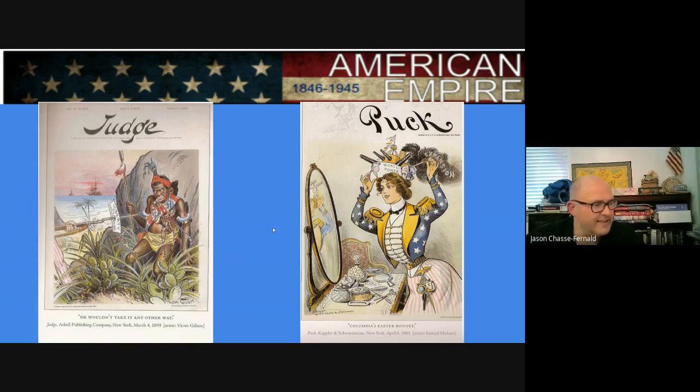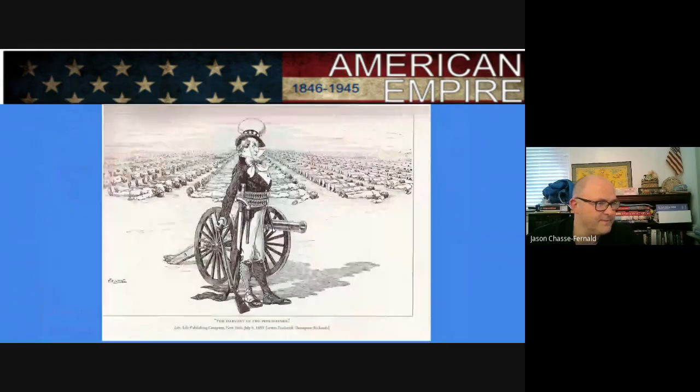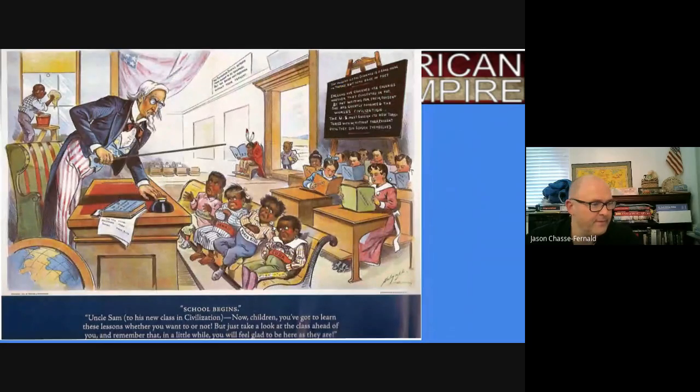On the left, you're seeing an image that is questioning liberty: bayonet, liberty, and civilization. The harvest in the Philippines. Definitely another very critical portrayal of what the United States was doing there.